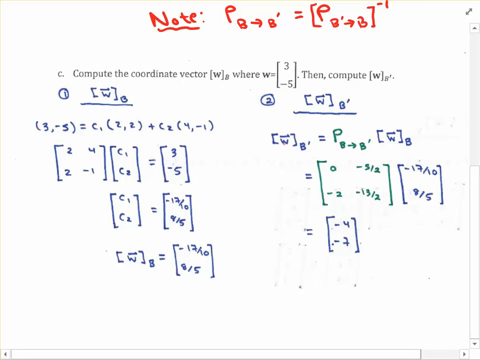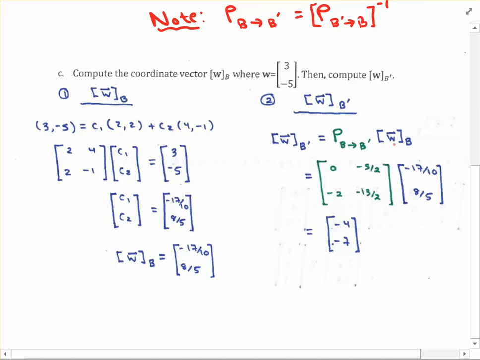So the components of w with respect to the basis vectors from B prime are going to be figured out by taking our transition matrix, the one that takes us from the basis B to the basis B prime, of course, and multiplying it to our answer from part 1.